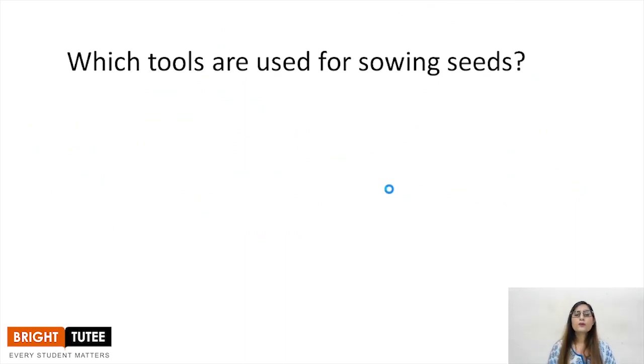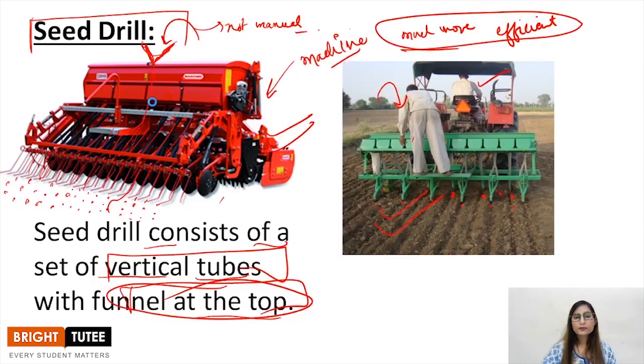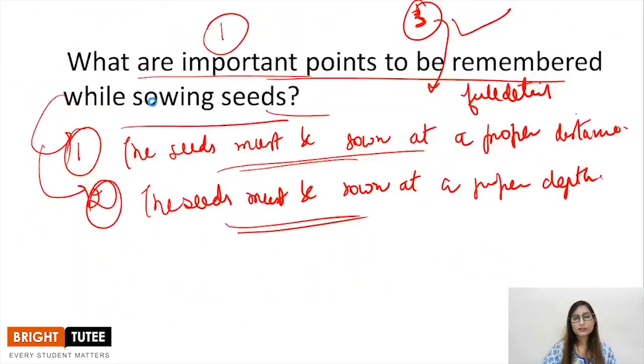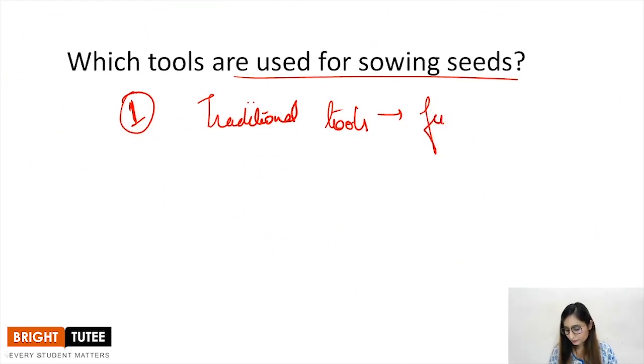Third question, which tools are used for sowing seeds? Firstly, the tool used was traditional tools. Second was seed drill and broadcaster. Let us write traditional tools. What was this?